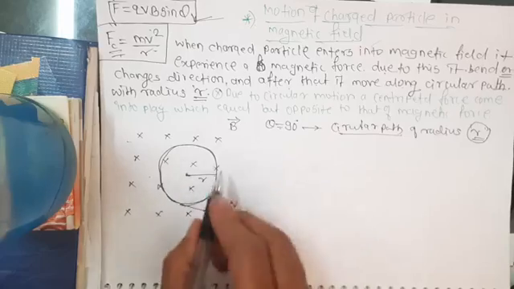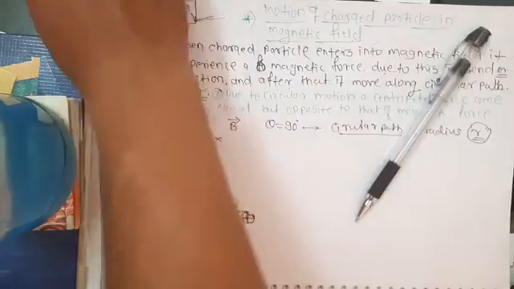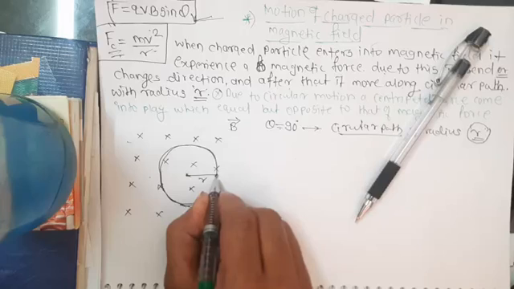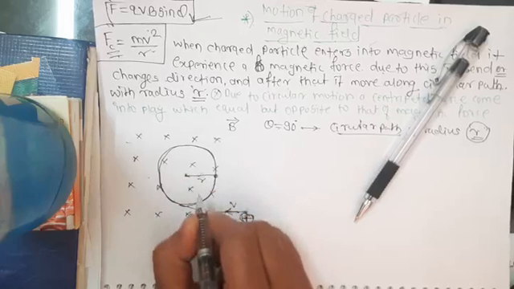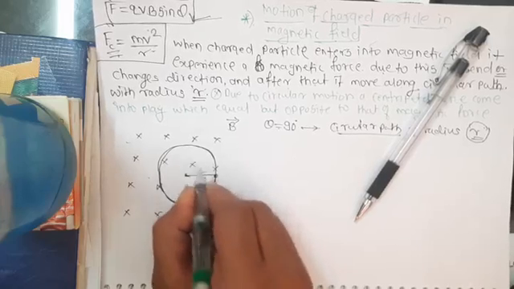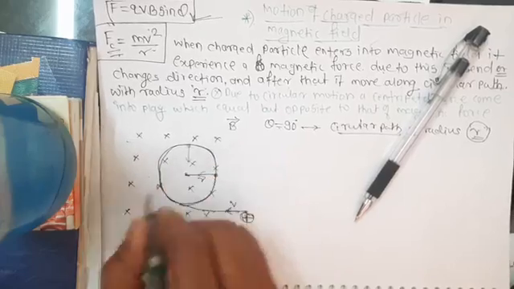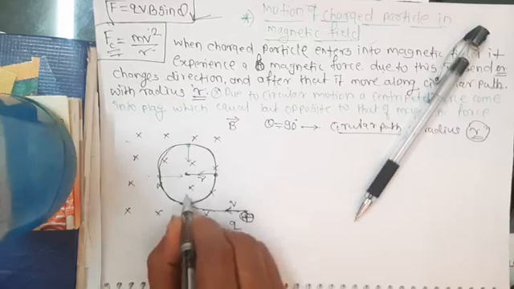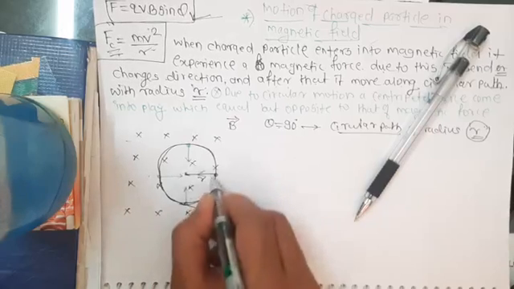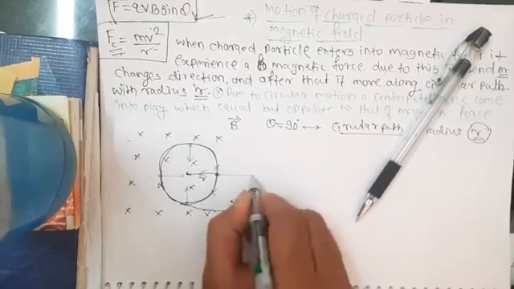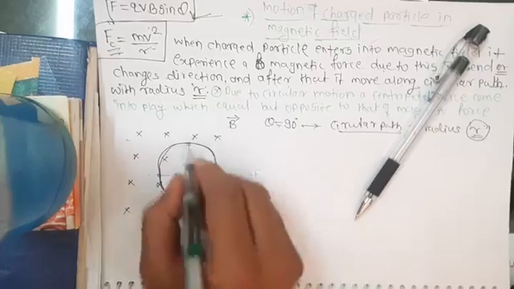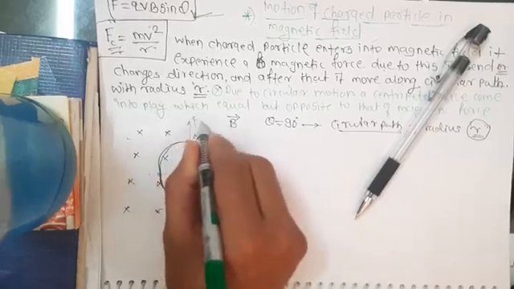At each point, if you consider the point here, the magnetic force is always inward. If the particle is here, the magnetic force is again inward. Due to this rotation, it will experience another force, that is the centripetal force. At each point there is a centripetal force.